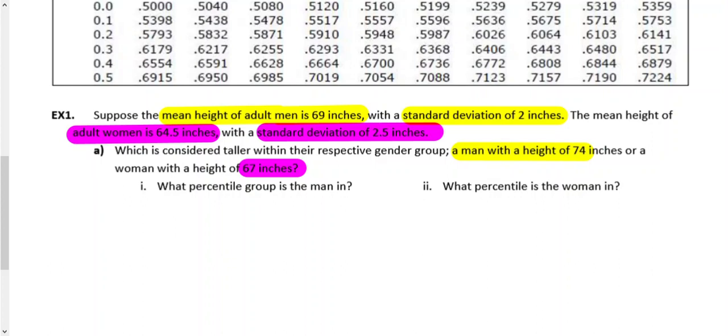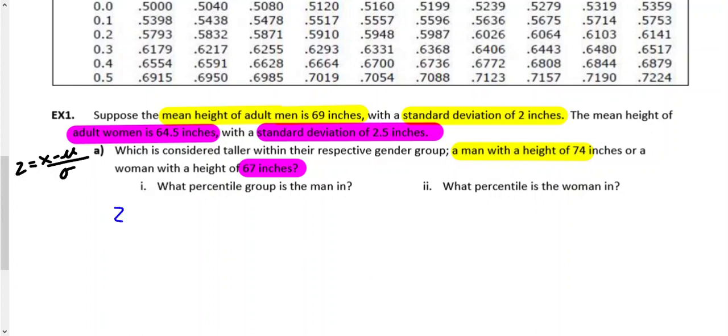Okay, so to find our z-score, and remember z-scores are equal to our x minus our mean divided by our standard deviation. So what percentile group is the man in? In order to figure out the percentile group, you first need to find the z-score. So let's plug that into our formula.